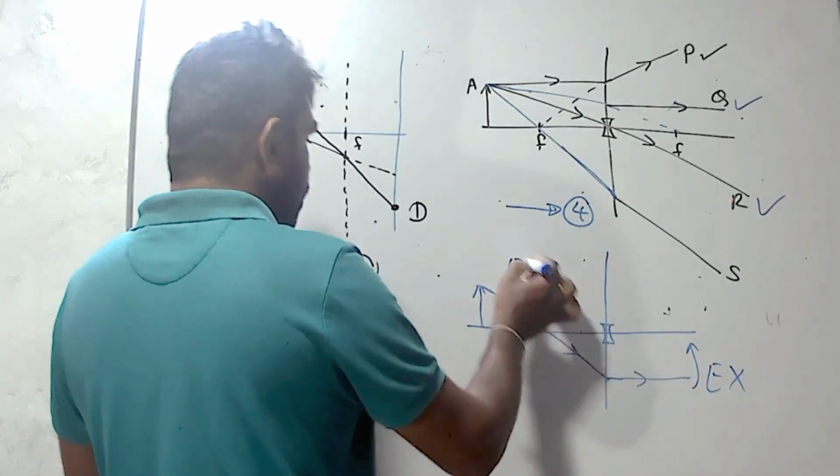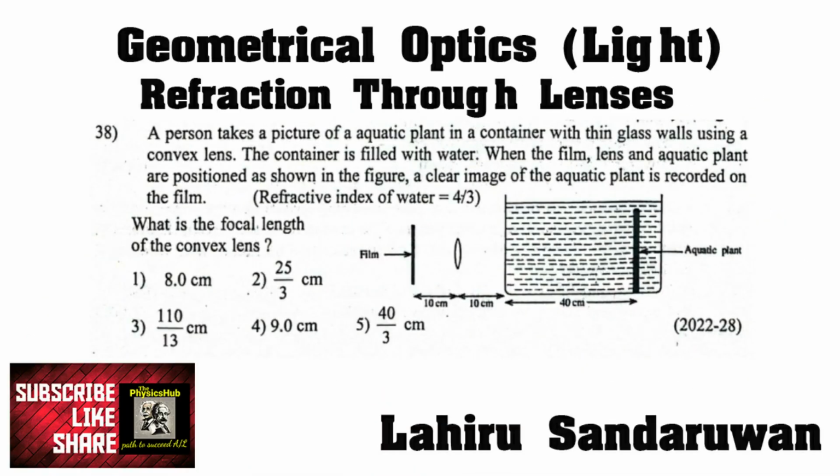Answer is 5. A person takes a picture of an aquatic plant in a container with a thin glass wall using a convex lens. The container is filled with water.